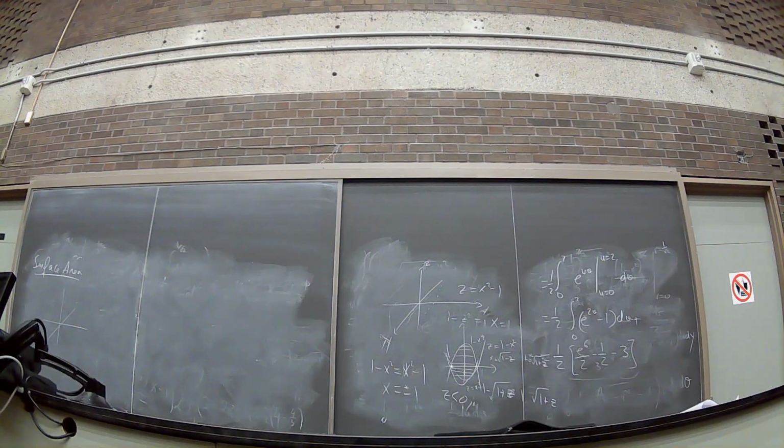Now, notice that you have a surface z equals f(x,y) above a region R in the xy plane.